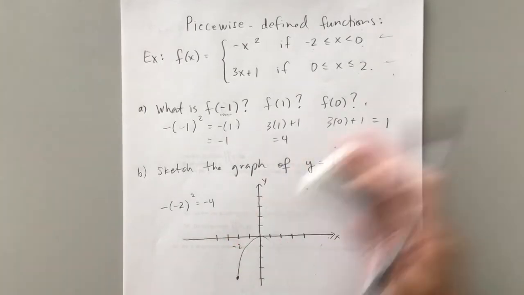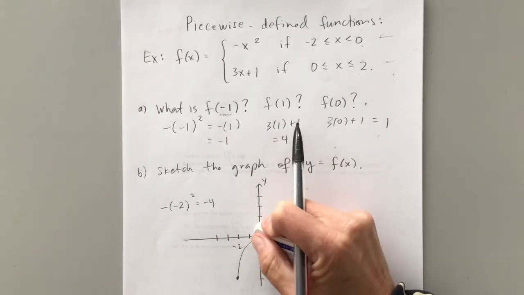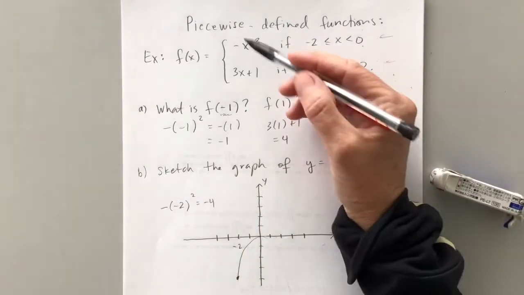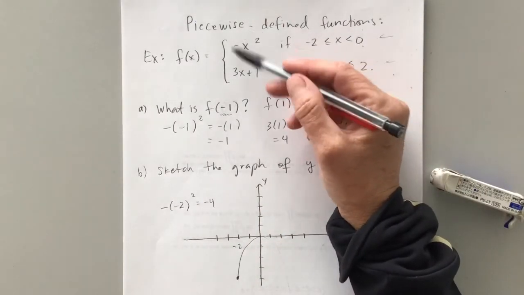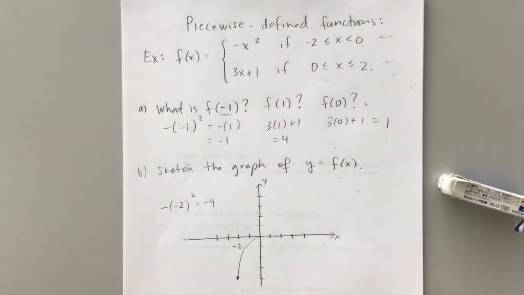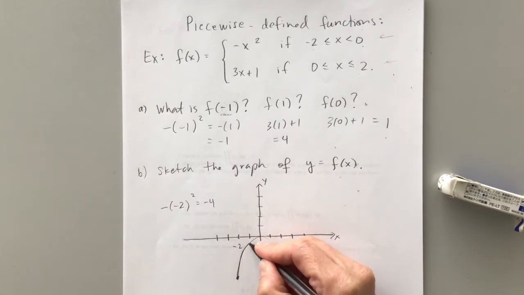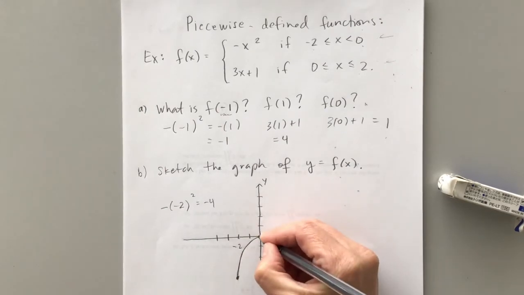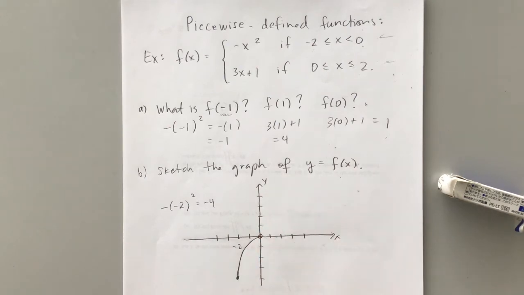Okay, so this is one way you can get the graph of a piecewise defined function: you can start by graphing the whole rule, ignoring this restriction, and then incorporating the restriction as I am right now. So I start at -2 and have this parabola that opens downwards, and then I have an open circle at 0.